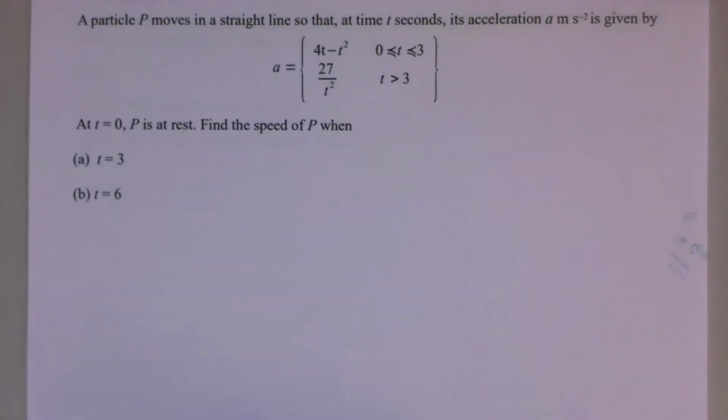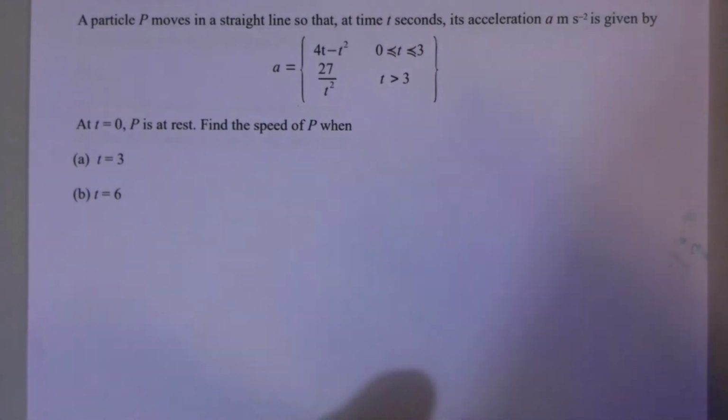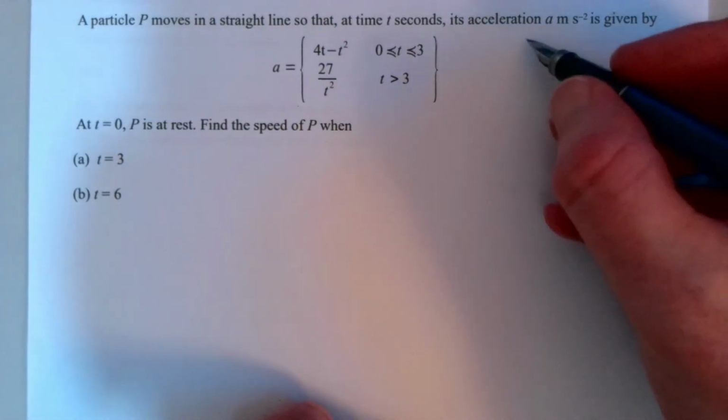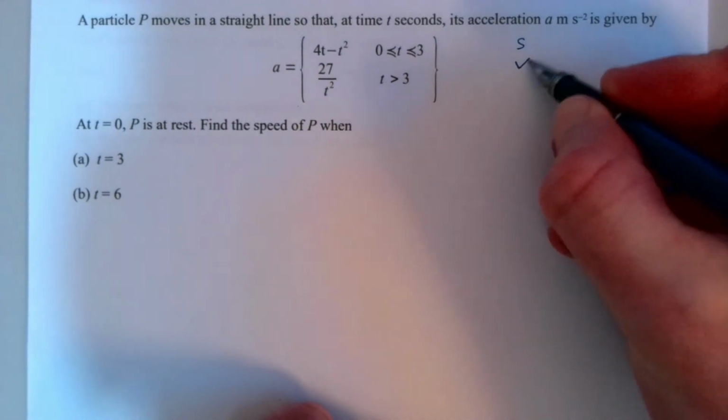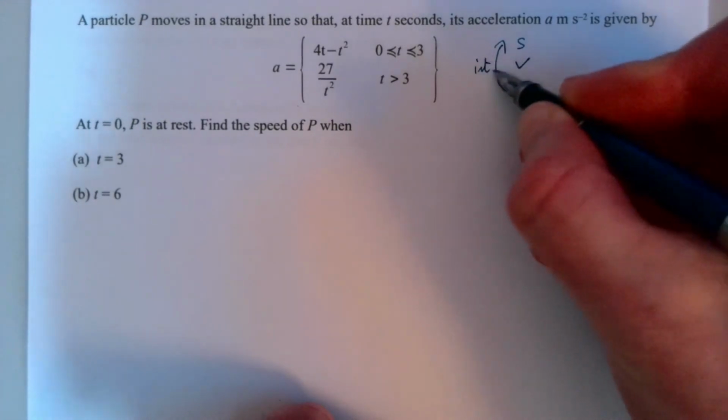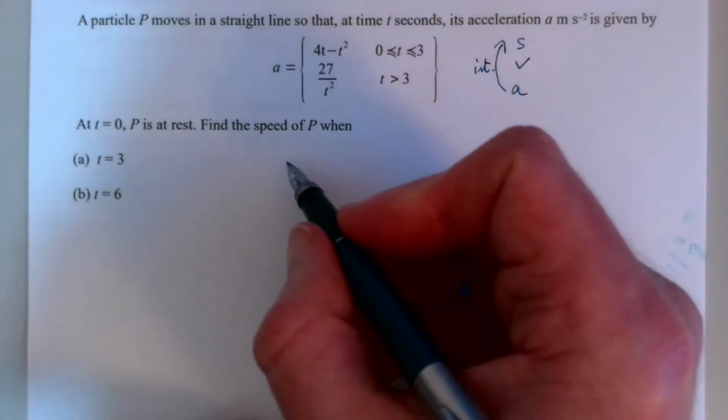So, first of all, finding the speed of p. Well, if we consider that when we go from acceleration to velocity, it goes distance, velocity, acceleration, doesn't it? So we are integrating when we go up there.